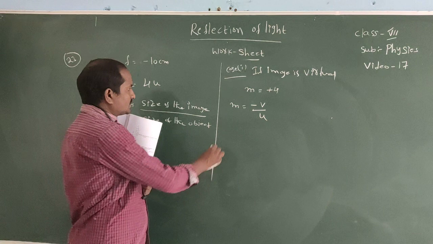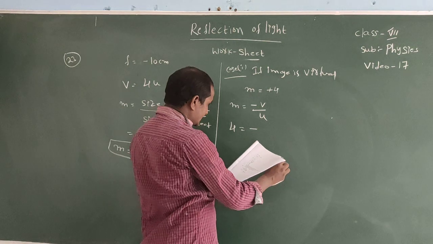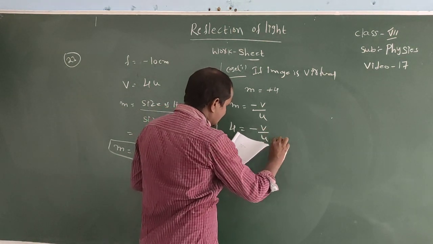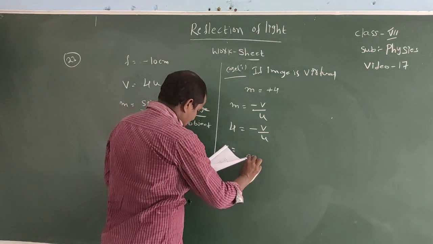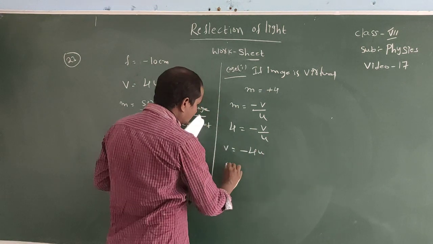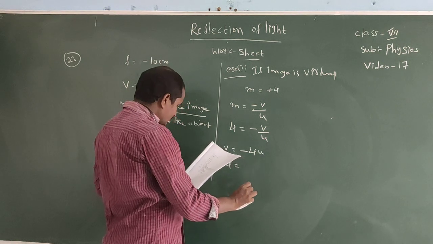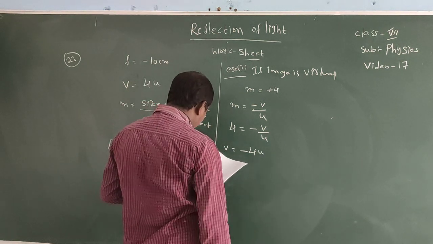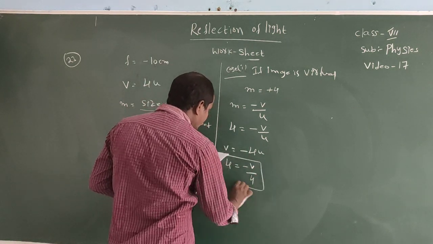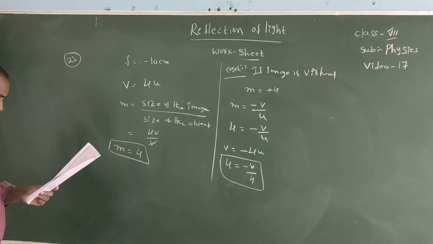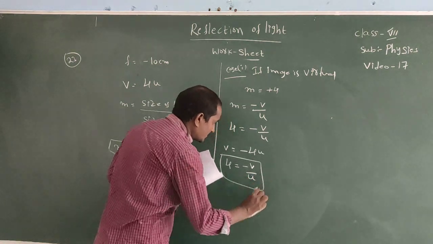So m equal to here 4 equal to minus v by u, but here v equal to minus 4u. So 4 equal to minus v by u.